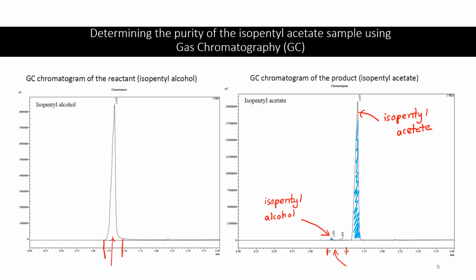So we can state that this sample is almost 99% pure and it's mostly isopentyl acetate. You can include this description in your conclusion explaining the purity of the ester sample.